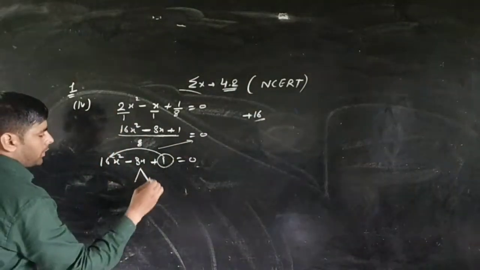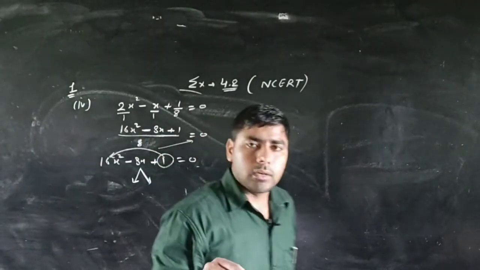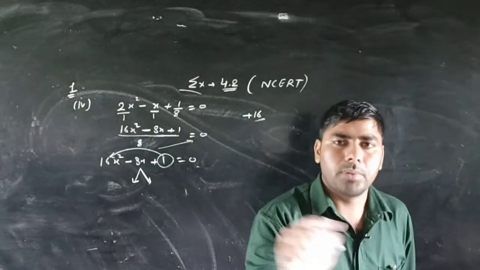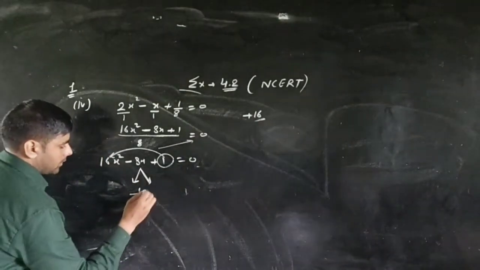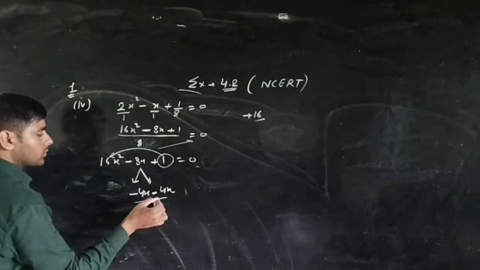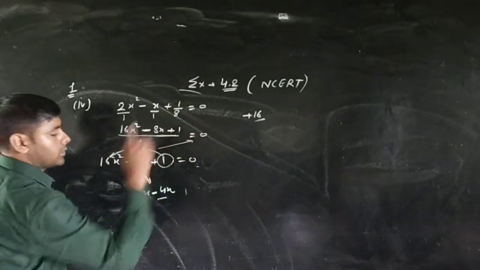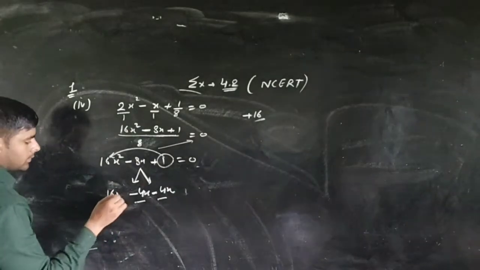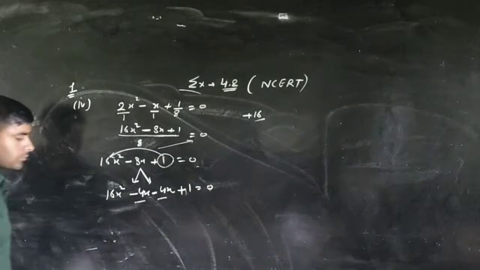Splitting the middle term into two parts so that the sum is minus 8 and their product is plus 16, you can write it as minus 4x minus 4x. So 16x square minus 4x minus 4x plus 1 equal to 0.